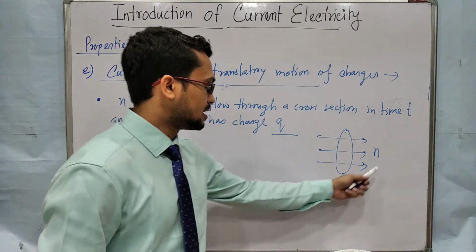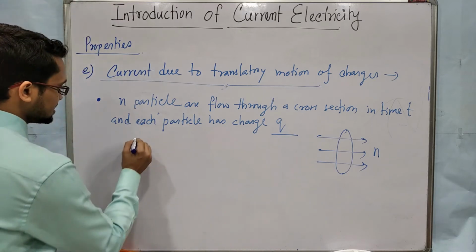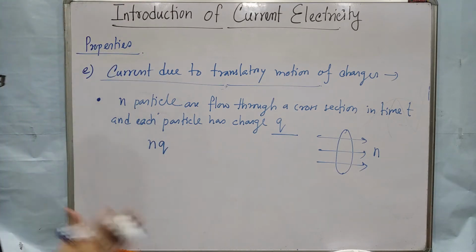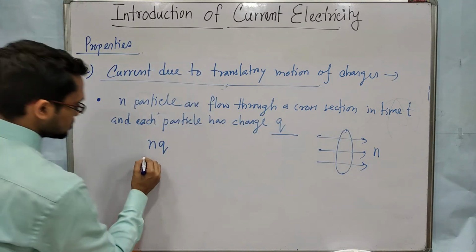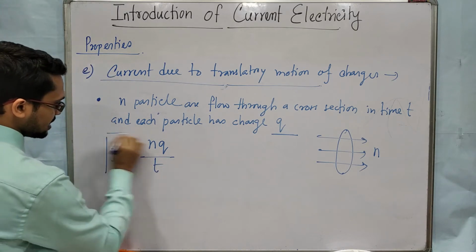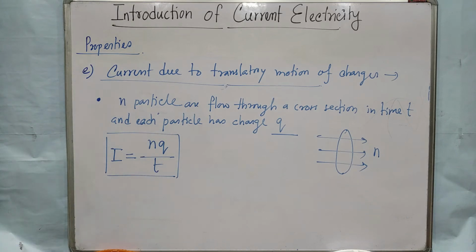That is the number of particles times the charge of each particle, that is nq. So nq is the amount of charge flowing in time t. Per unit time, this will be the current. So I equals nq by t. Clear?